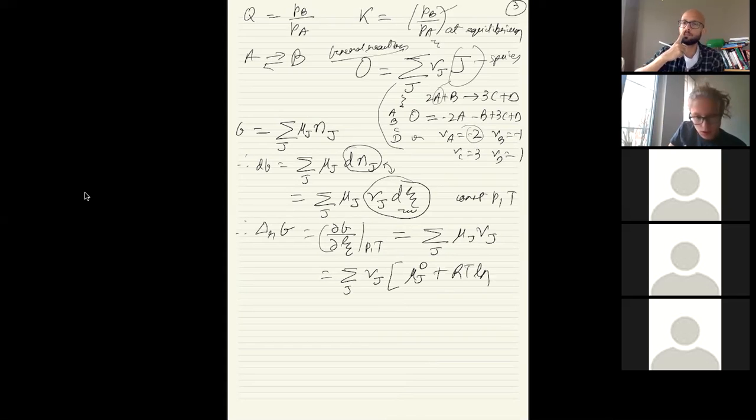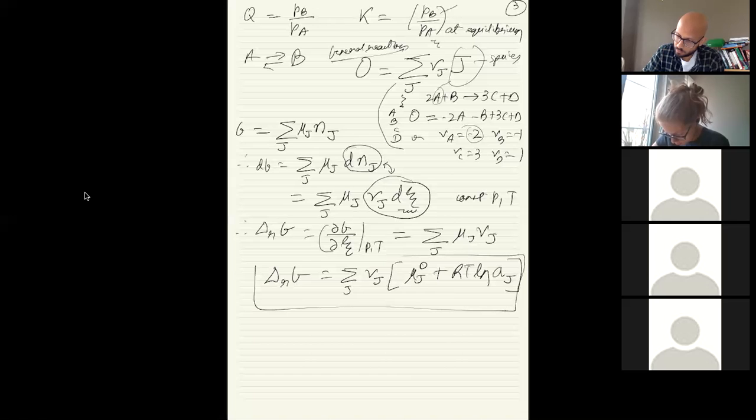And now we are going to bring the big guns. The equation that I'm going to write next is super generic. How do I go from ideal to real? Instead of mole fraction or partial pressure, I just bring in the activity, AJ. And this equation that I wrote down over here describes absolutely any chemical reaction that you can think of. There is no ideal, no regular solution behavior, no van der Waals, nothing, because you have brought in activity.